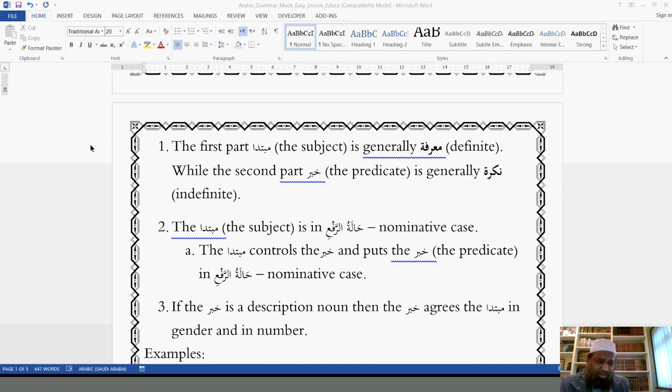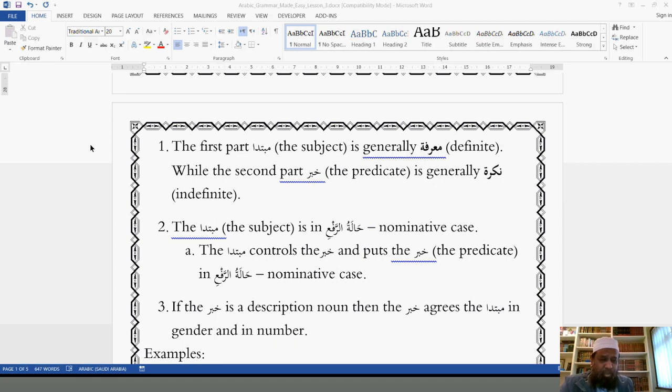That is the thing that puts the Mubtada in Halatul Rafa. And what is the thing that puts the Khabar in Halatul Rafa? The Mubtada, because the Mubtada is controlling. You cannot go to Halatul Nasab. You cannot go to Halatul Jar. I'm warning you, I'm ordering you: stay in Halatul Rafa. Right?